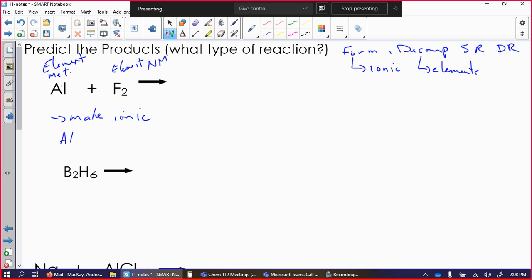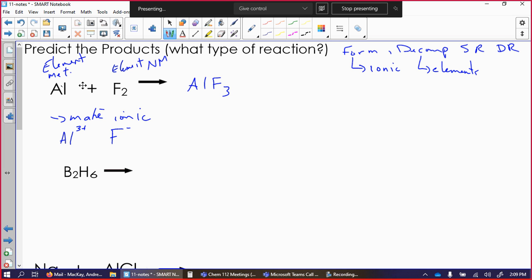Well, aluminum, based on where it is on the periodic table, is aluminum plus 3. Fluorine becomes fluoride minus 1. Well, what type of compound is made when you have a plus 3 and a minus 1? AlF3. And that's the hardest part of predicting the products, is usually what type is it, because some people will get hung up, well, that's a molecule and you're going to have AlF and then F, and it's a little bit nonsensical. Write an ionic compound.